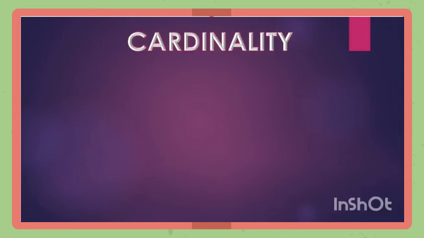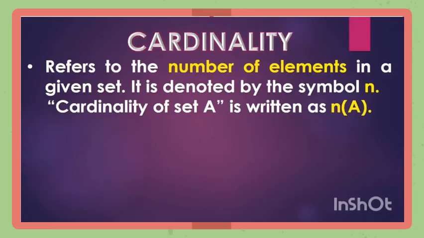Next, cardinality. This refers to the number of elements in a given set. So, kapag ang hinihingi naman ay bilang, pinabibilang kung ilan ng elements, that is already cardinality. We are already talking about cardinality. It is denoted by the symbol small letter n.